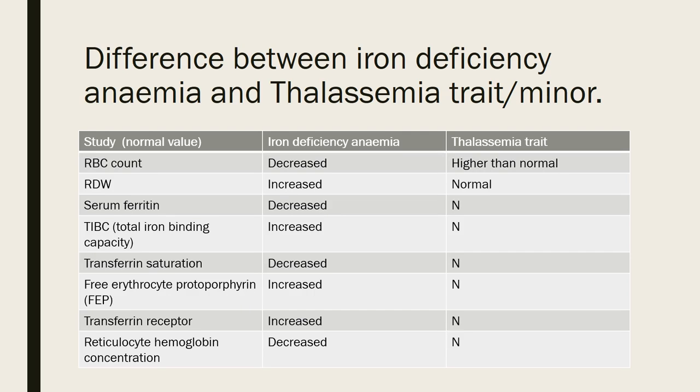And RDW, red cell distribution width, will be increased in iron deficiency anemia while it will be normal in thalassemia trait. And other parameters which are specific for iron deficiency anemia will be altered in iron deficiency only and will be normal in thalassemia trait. Example, serum ferritin, TIBC, transferrin saturation, FEP, transferrin receptor, reticulocyte hemoglobin concentration, all these will be normal in thalassemia trait.